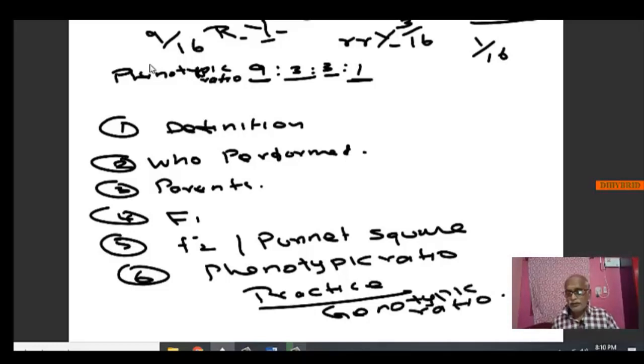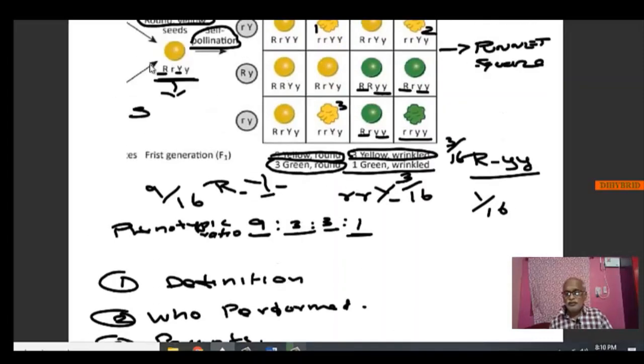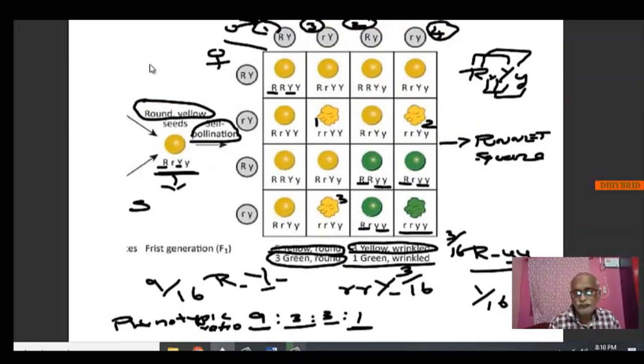How to write the ratio is, find out how many are both capital R and capital Y. We can say only one will be like this: capital R, capital R, capital Y, capital Y. So 1 is to, how many are like this, find out.